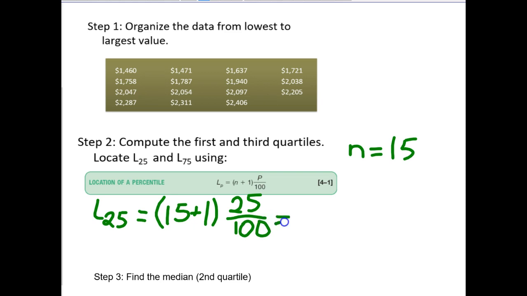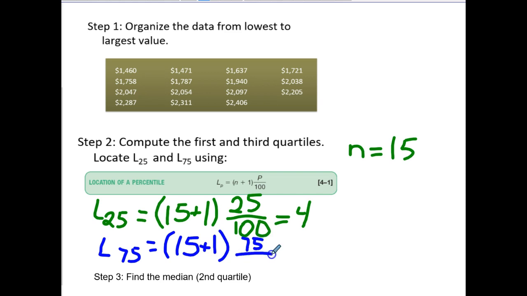Okay, when we do that, we get an answer of 4. Now let's do this for L75. Again, we have 15 as our number of observations. The only change here is our P is 75. When we do this, we get 12.